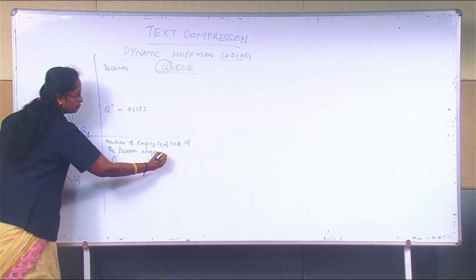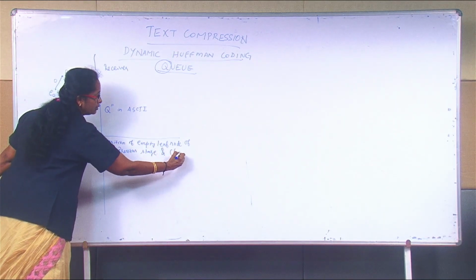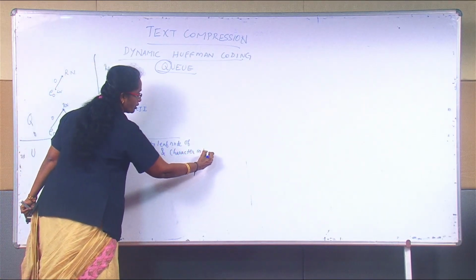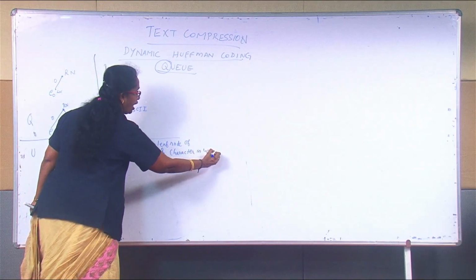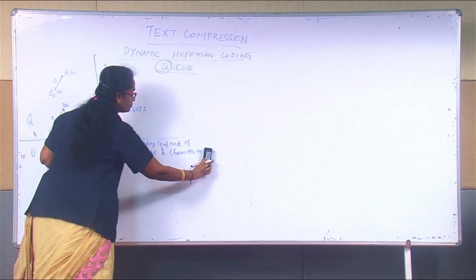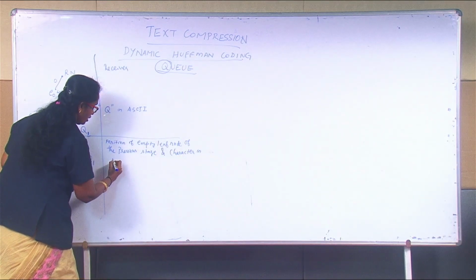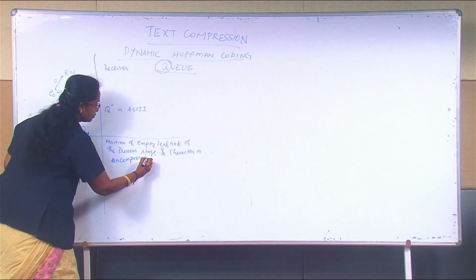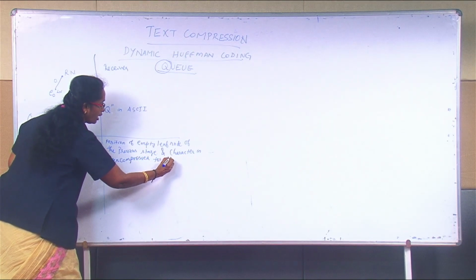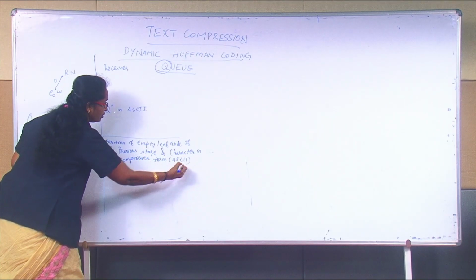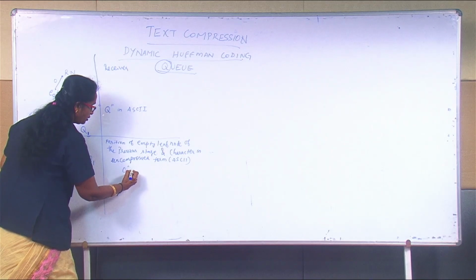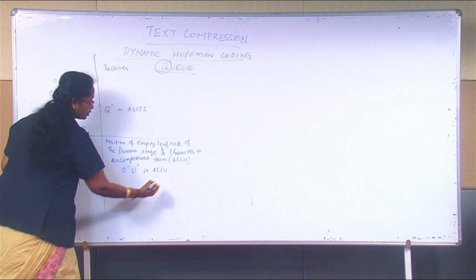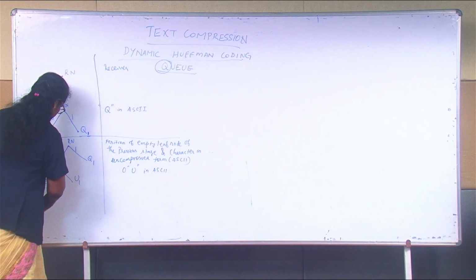And then the character in uncompressed form, that is like ASCII. So 0 and U in ASCII.